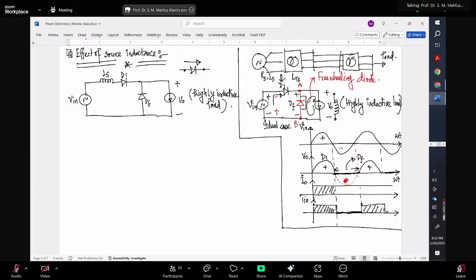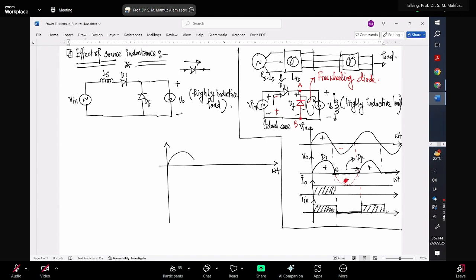Now, let me draw the waveform first. Suppose again we are drawing the input voltage waveform.